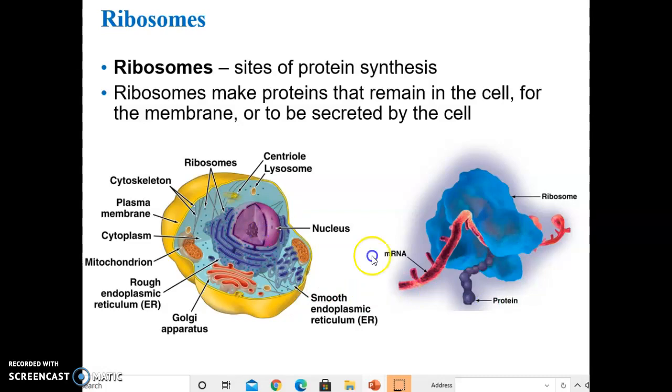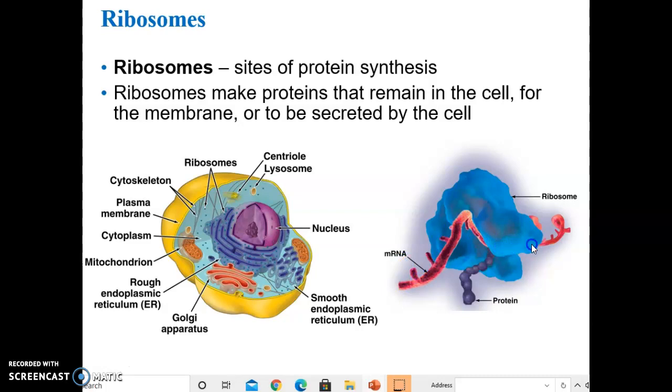The copy of the information, something called an mRNA molecule, leaves the nucleus out of the nuclear pore, and then a ribosome can latch onto the copy of the gene, the mRNA molecule, and it's the copy of the gene, so it's also an informational molecule.